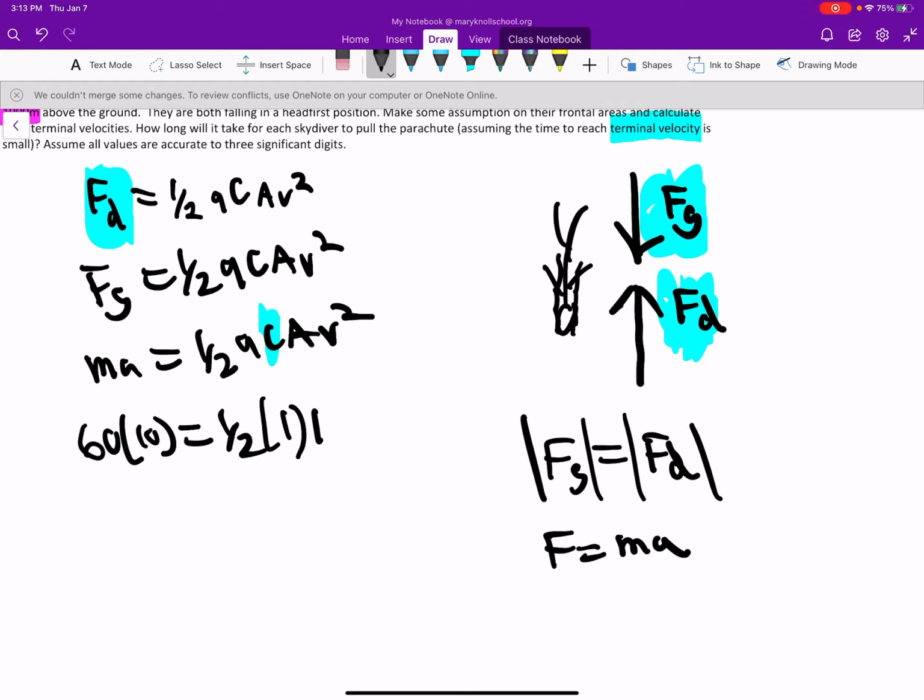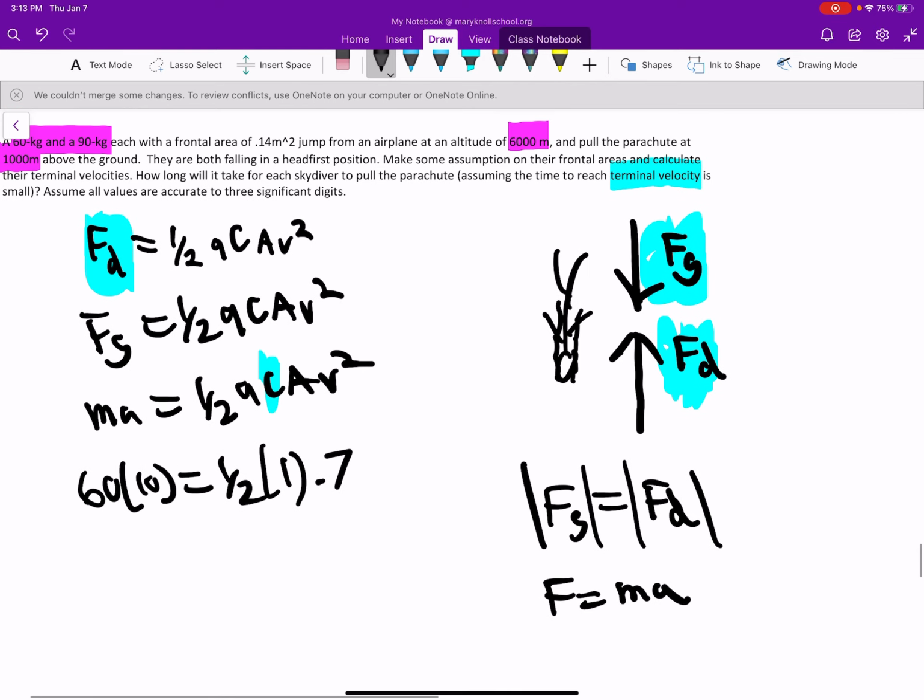So 1 times 0.7, and then the area looks like it is 0.14. So then we're going to multiply that by 0.14, and then we get the V squared.